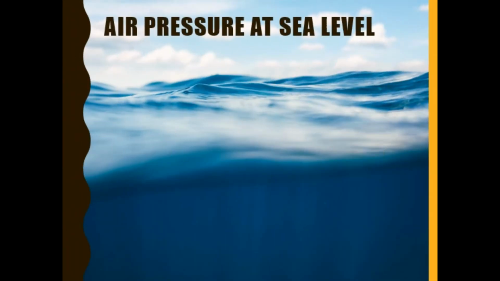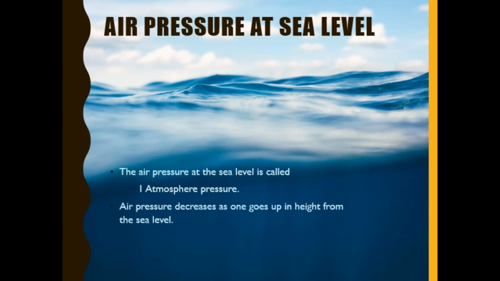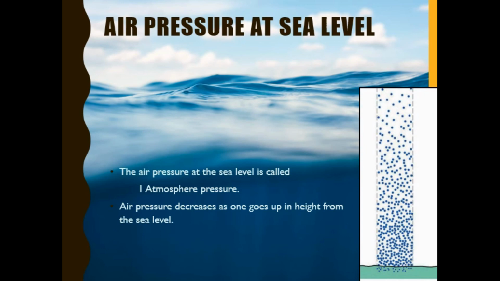Air pressure at sea level. The air pressure at sea level is called 1 atmosphere pressure. Air pressure decreases as one goes up in height from sea level. As you can see, at the base of the sea the pressure is very high.